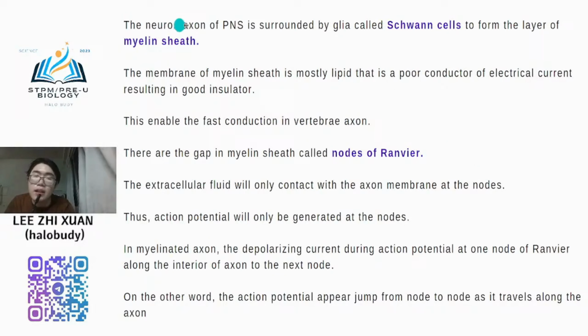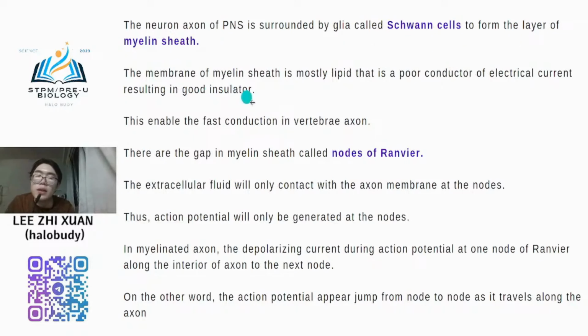Normally the neuron axon is surrounded by glia, which we call Schwann cells. This Schwann cell is very important to form the layer of myelin sheath, what we call myelinated neuron tissue.